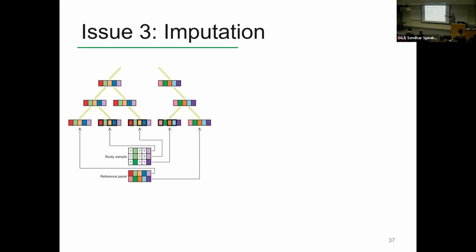The reason this works is exactly because genetic variation is structured in this tree-like way. That's why the strong LD exists that lets you do genotype imputation very well. And in human GWAS, this is really the workhorse method. Often you're testing many times more variants that are imputed than you actually genotyped in the first place.